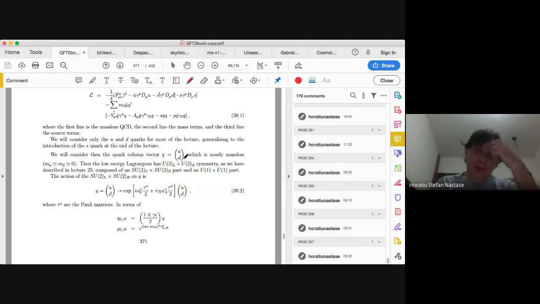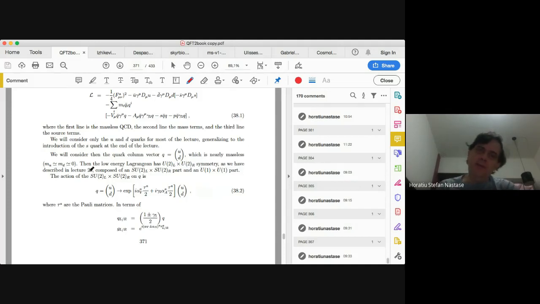So it's important to realize that this doublet is a doublet in a different sense. It is a doublet in the sense that if I consider low energy QCD and I ignore the masses of up and down, then I have a symmetry rotating U and D. So the symmetry is two versions of U2 rotating up and down. U2 left cross U2 right.